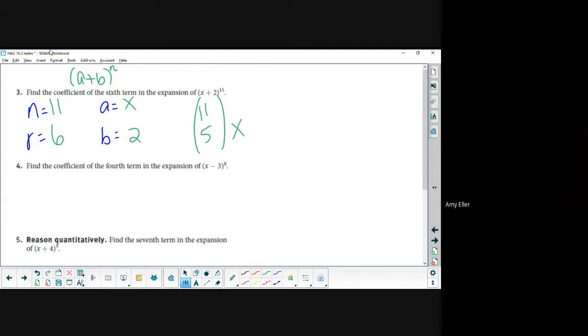So you can write 11 minus 5, or just do 11 minus 5, 6. I'm now to my B term. B is 2. If it were negative, you'd put the negative in parentheses. Right now, it's just a 2. The exponent on that is R minus 1, which happens to be already the bottom number in your parentheses, so 5.